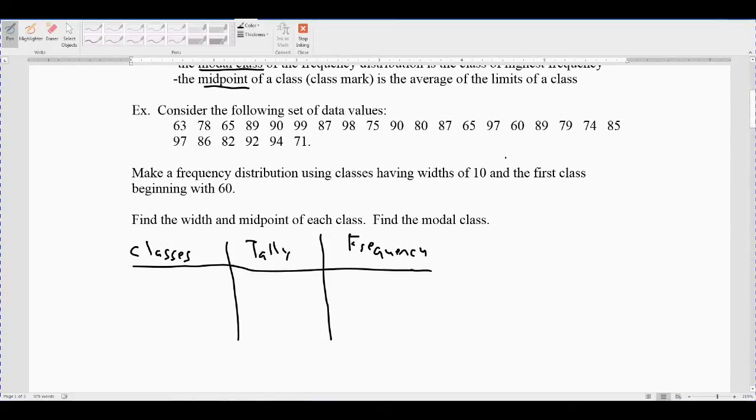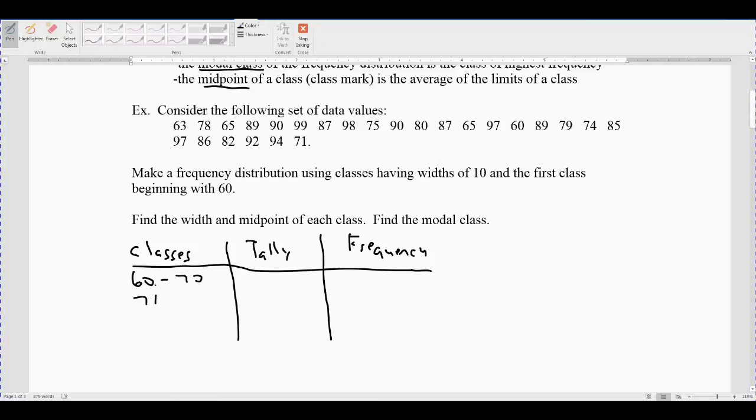When we look at these numbers, they consist of 60s all the way up to 90s. You're told that the first class begins with 60, and there's a width of 10. Some people think it goes from 60 to 70, and then your next class would start with 71.